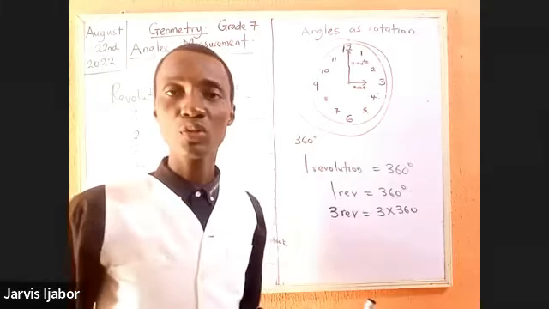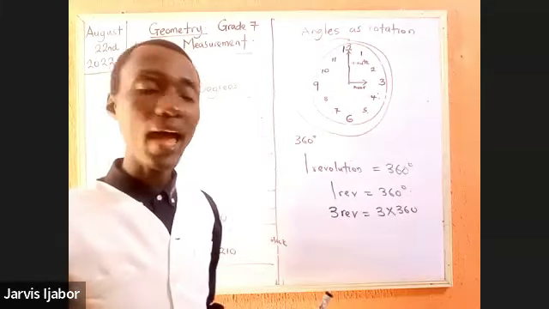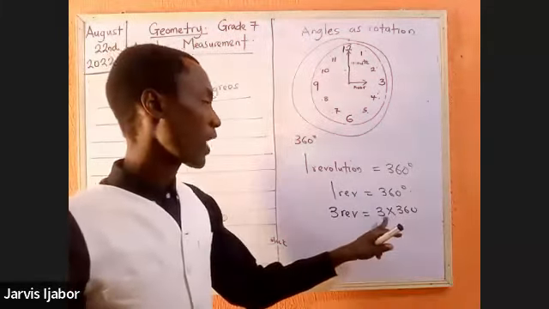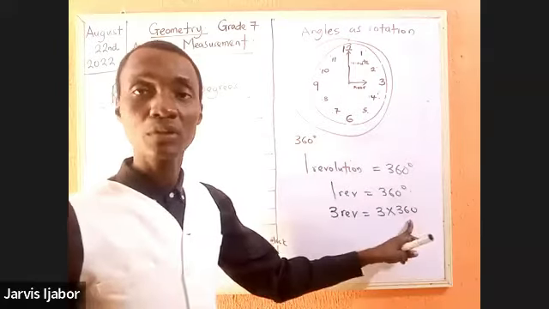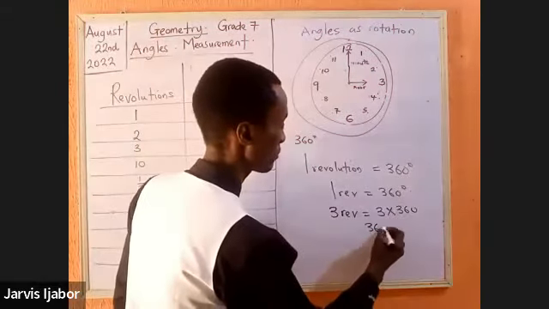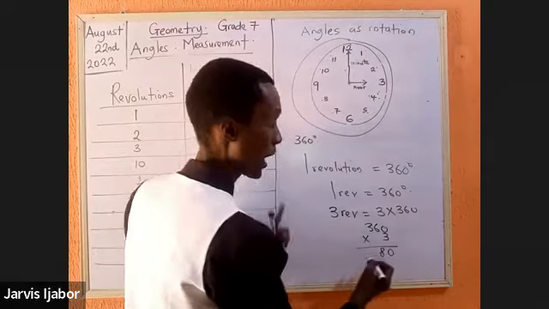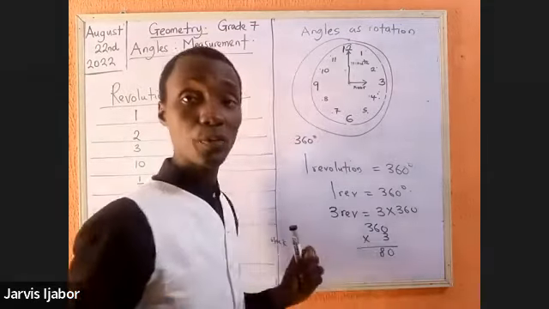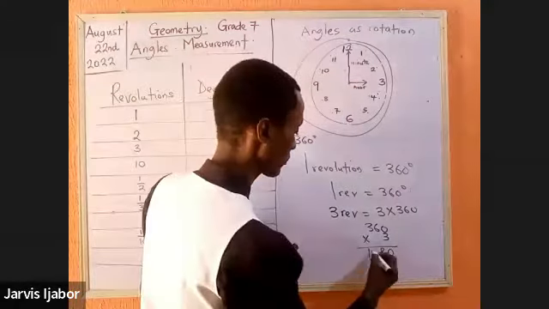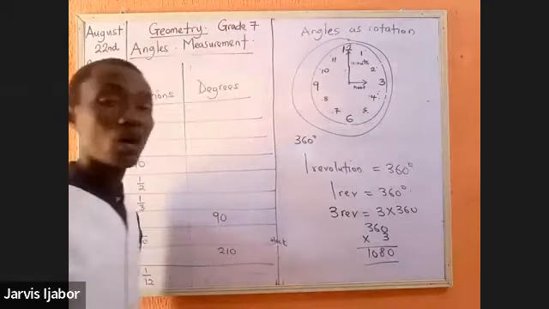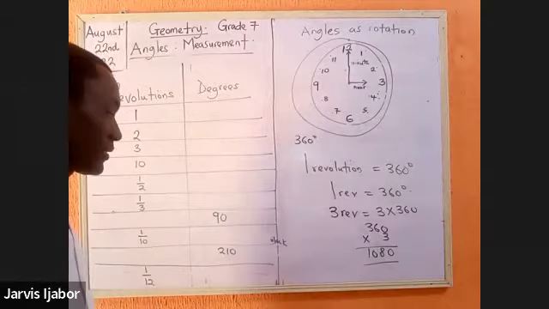3 revolutions, beautiful, would imply that you're going to multiply 3 by 360. 3 times 3 will be 9 plus 1, 10. So that's 1,080.